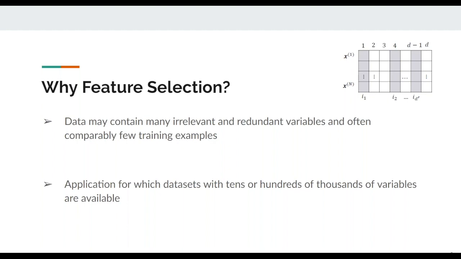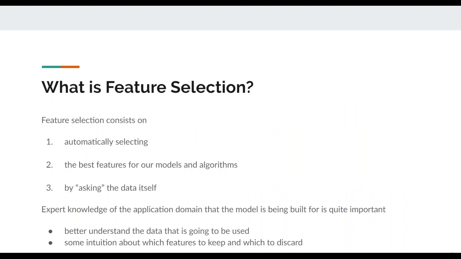So this means that your n is in the tens or hopefully the hundreds, and the number of columns, the d, goes to a few thousands or even tens of thousands. So selecting the appropriate, most relevant features is a process.